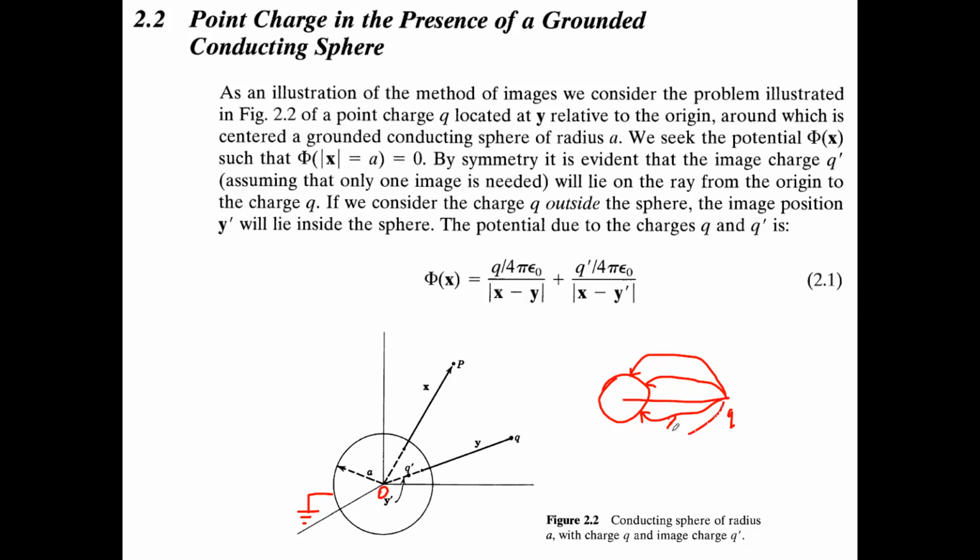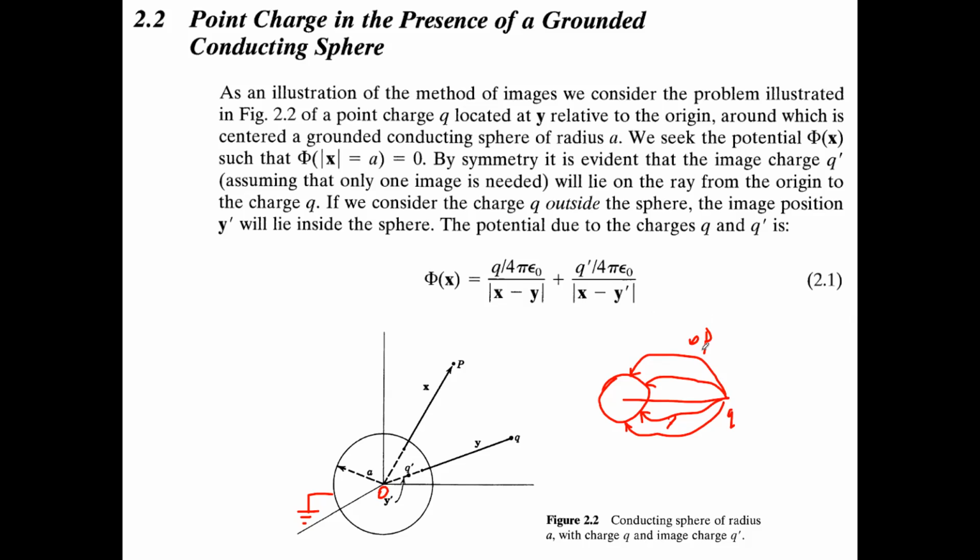The field line, again, should be perpendicular to the surface of the conducting sphere. The same reason: if it's not perpendicular, then the charges move. When the charges are in equilibrium, it has to be perpendicular, otherwise it continues to move. So if you calculate the electric field at this position P, it seems very complicated.